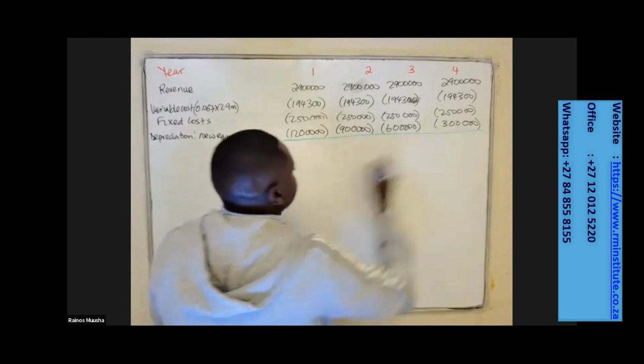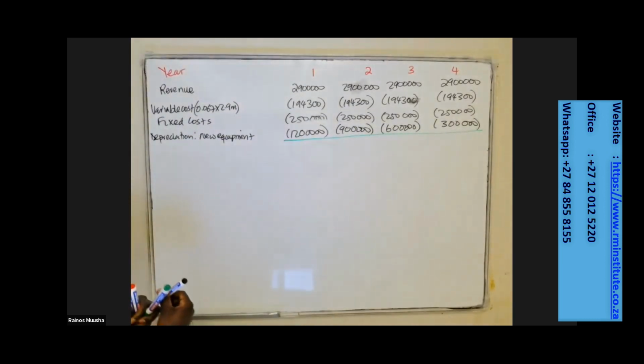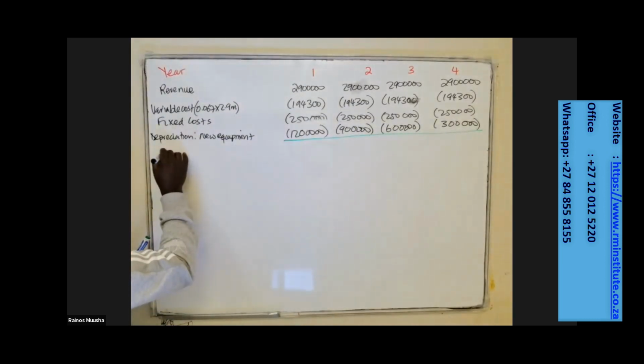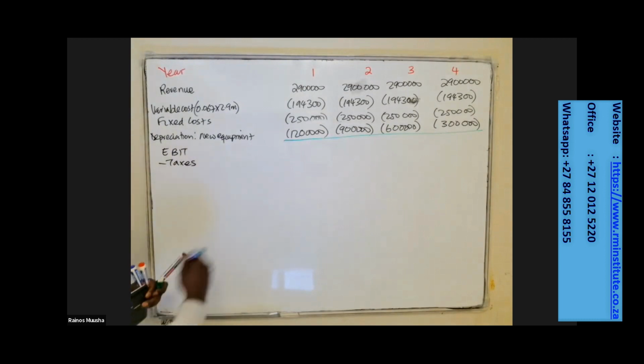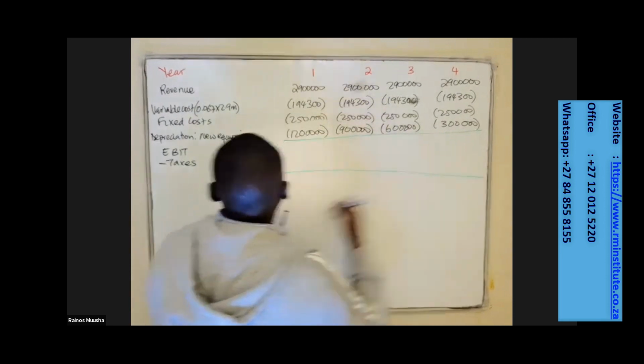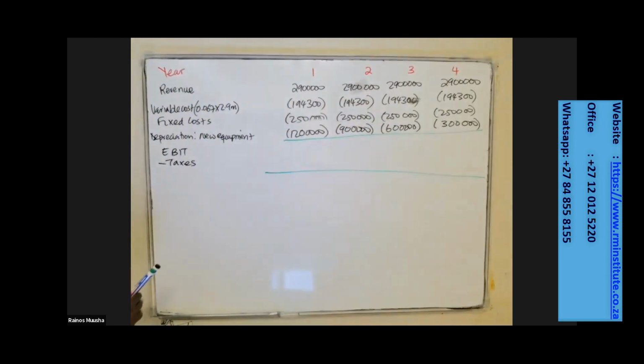So now, with this in mind, from here we should be able to determine the earnings before interest and tax. Then we say minus your taxes. Then after we subtract the taxes, this is where we should be able to come up with the net operating profit after tax.